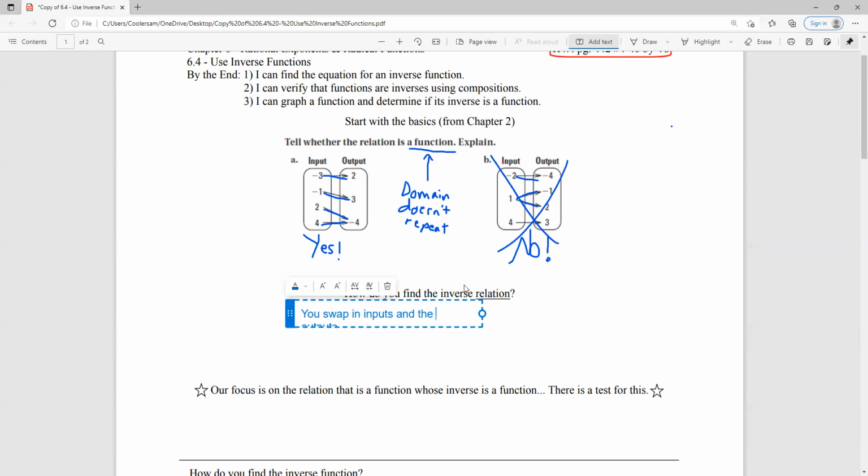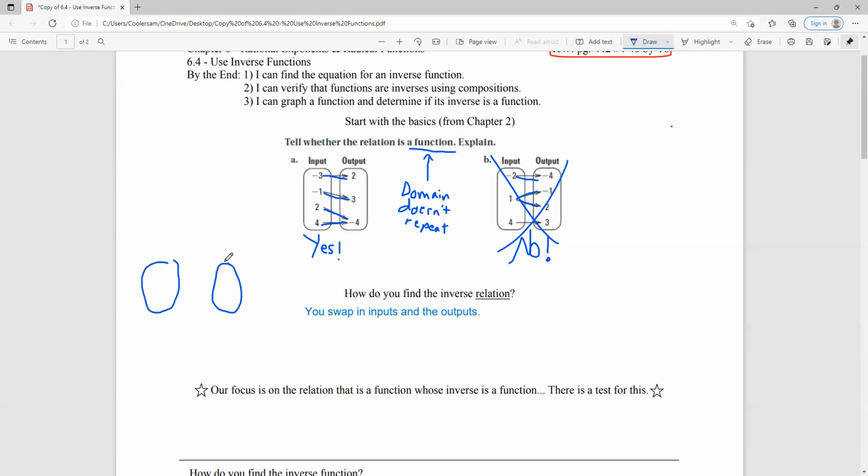Swap the inputs and the outputs. That's how you find the inverse. So for example, for this one, I could redraw it, do circles because I'm cool like that. The inverse of this would be 2, 3, -4, -3, -1, 2, and 4.